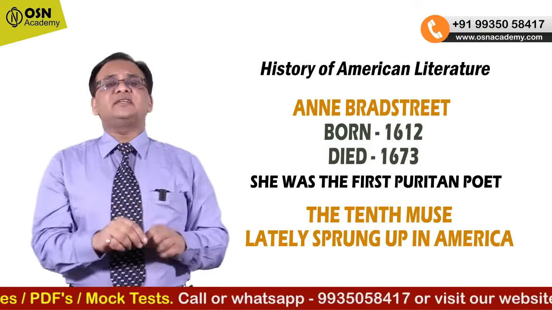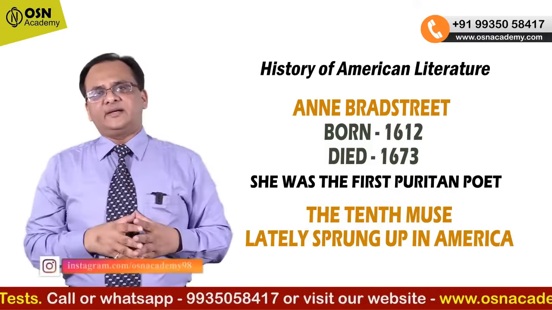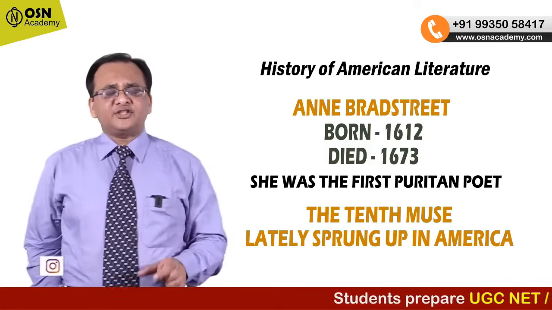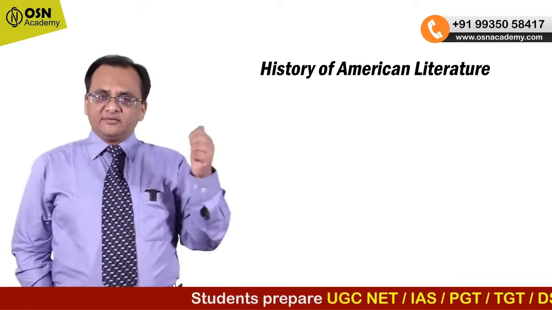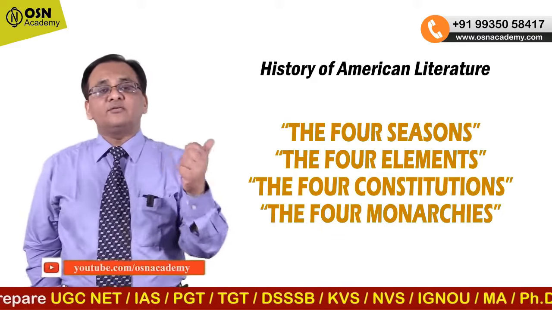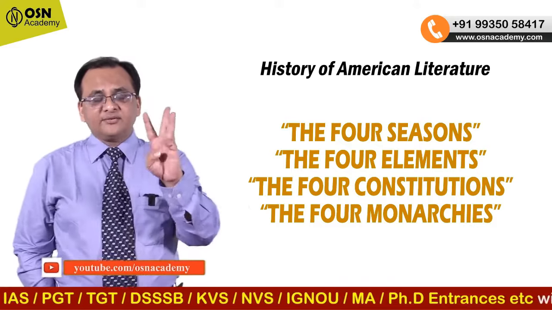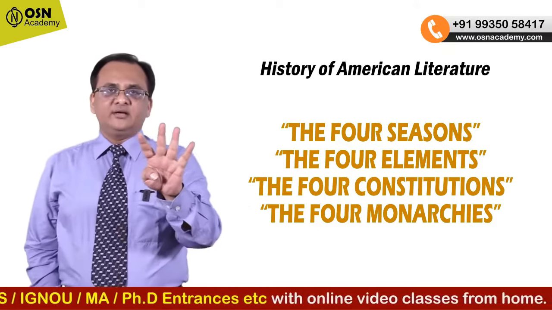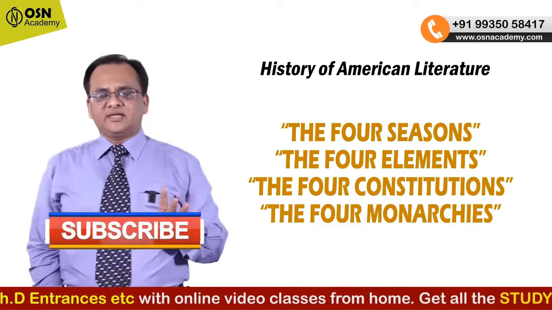He got her poems published under this pretentious title. Now remember and note it down that this collection consisted of poems like The Four Seasons, The Four Elements, The Four Constitutions and The Four Monarchies. So always remember these four, and who wrote them: N.A. Bradstreet, and under what title, I have told you too.